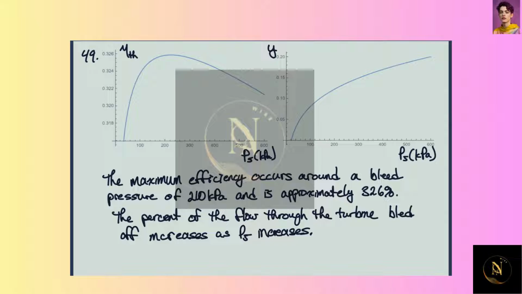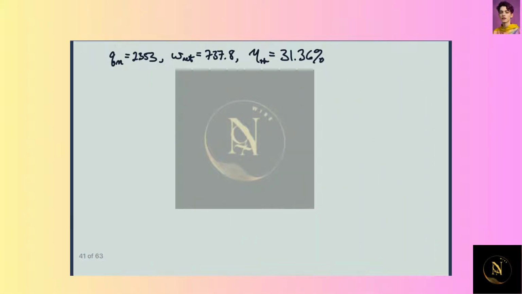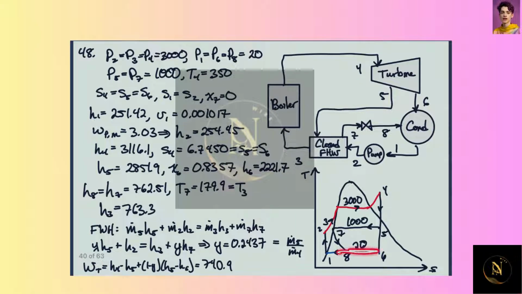From 20 to 600. So this is basically no bleed, right? Because this whole system down here was at 20 kilopascal. So basically we're bleeding off here, which makes really no sense, since it would just go into the condenser anyway. We wouldn't get anything out of doing that.